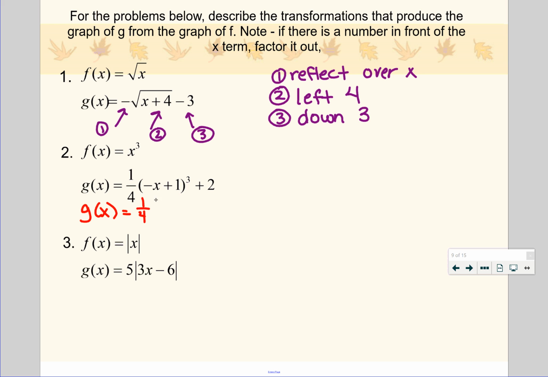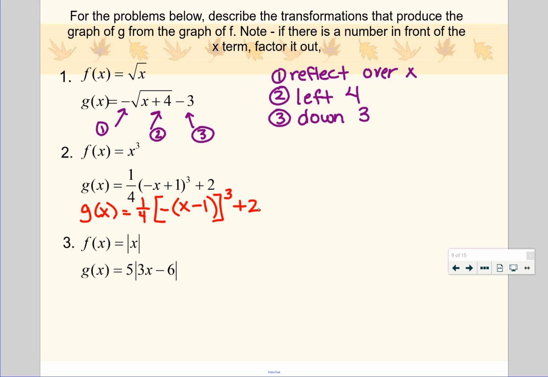So when I factor it out, I'm just going to create either another set of parentheses or a bracket. The negative just needs to get away from that x. If I take the negative away from the x, what am I left with inside that parentheses? If you divide it out, x minus 1, and then the whole thing in my bracket is cubed. So it's still inside the function, it's just away from the x.